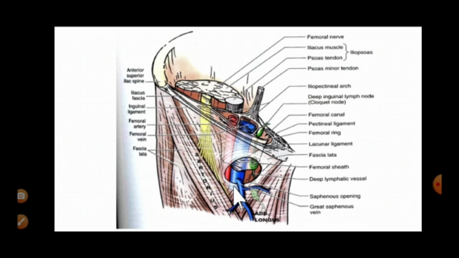This will go down below this great saphenous vein, draining into the femoral vein, and will merge with the adventitia of the vessels. So in this region, this is the saphenous opening, and it will be covered by the cribriform fascia. So this region here is the femoral ring and lower down femoral canal.